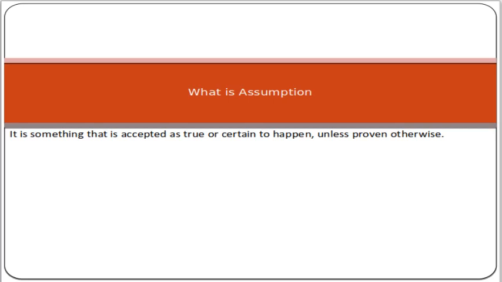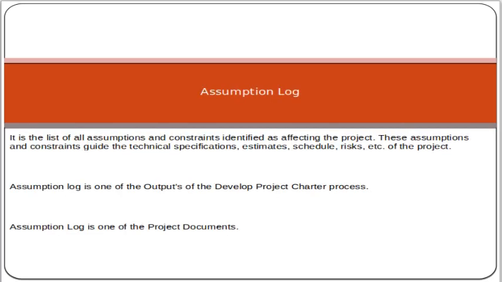Now the assumption log is the list of all assumptions and constraints identified as affecting the project. These assumptions and constraints guide the technical specification, estimates, schedule, risk, etc. of the project. Assumption log is one of the outputs of the develop project charter process. Assumption log is one of the project documents. Basically, friend, assumption log is a document.